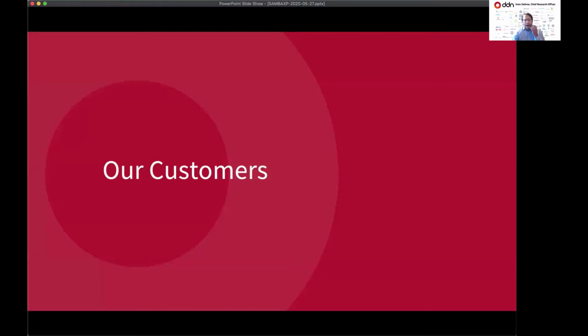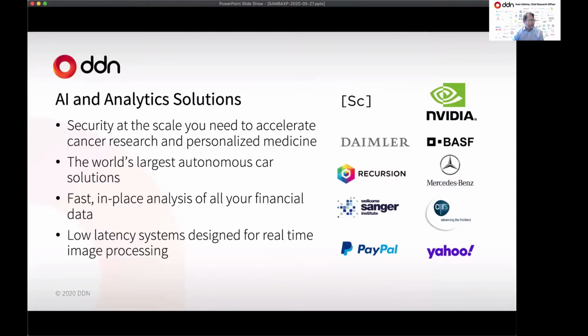So who are our customers in a little bit more detail? I was trying to pick a couple that are more focused on workloads that also interact with SMB in our case. We have a large number of solutions, as I mentioned, but AI and analytics solutions is really one of the key areas where we not just invest, but where also the majority of our customer base comes from. And that could be all kinds of solutions. This could be autonomous car development.